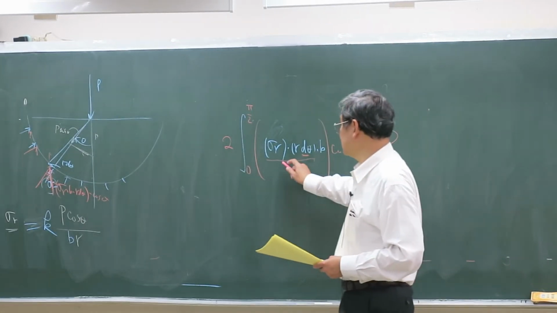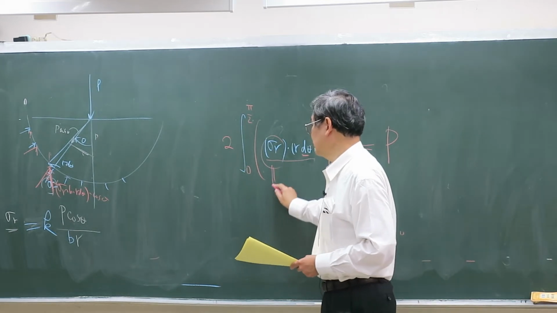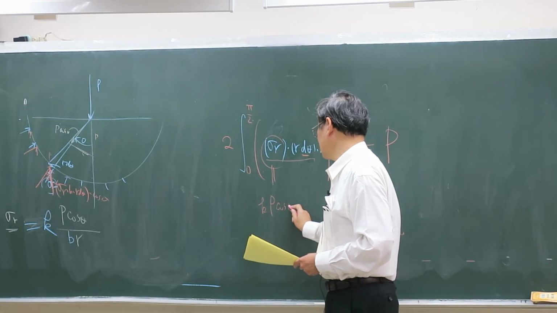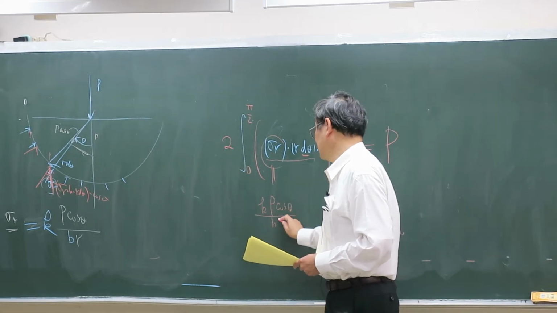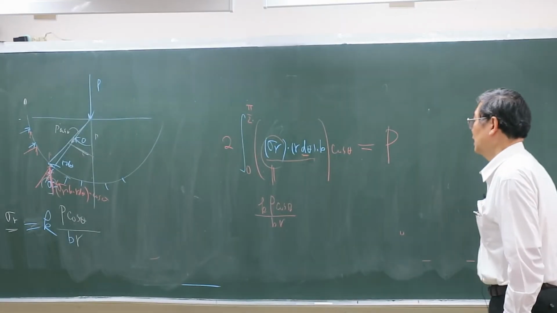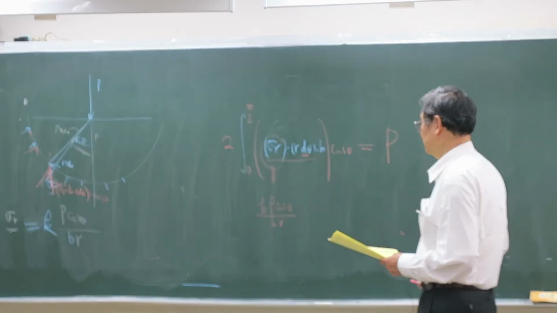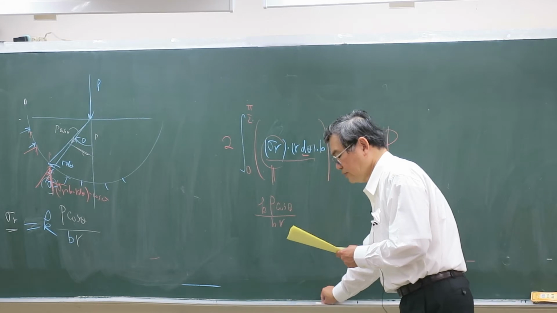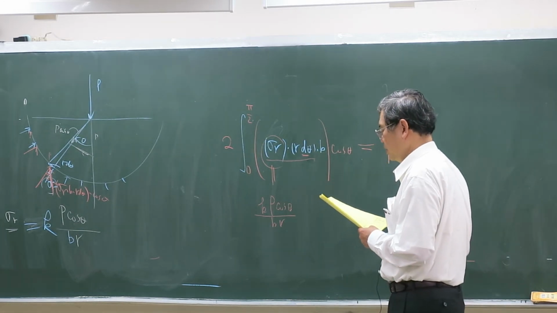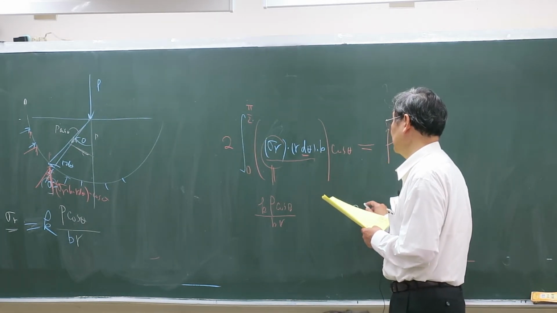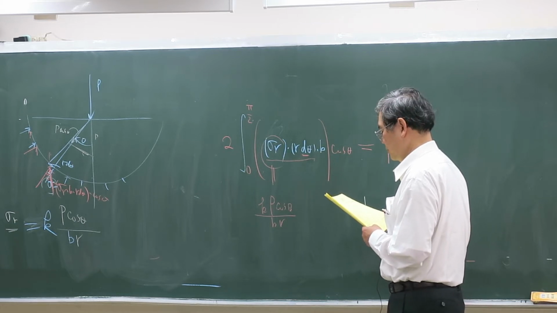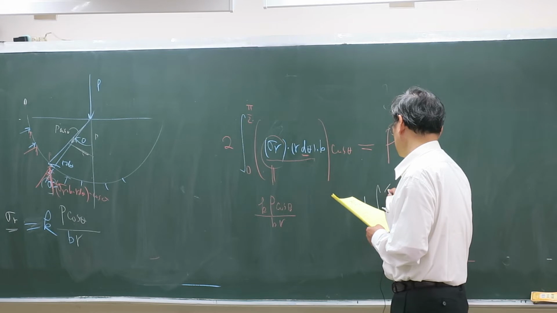Now, if I put this in here, this will go to K, P, cosine theta over R, times R d theta, with 2B, from 0 to half pi.